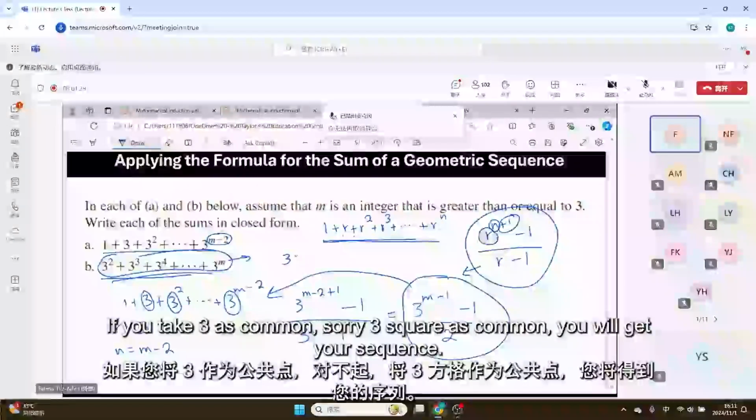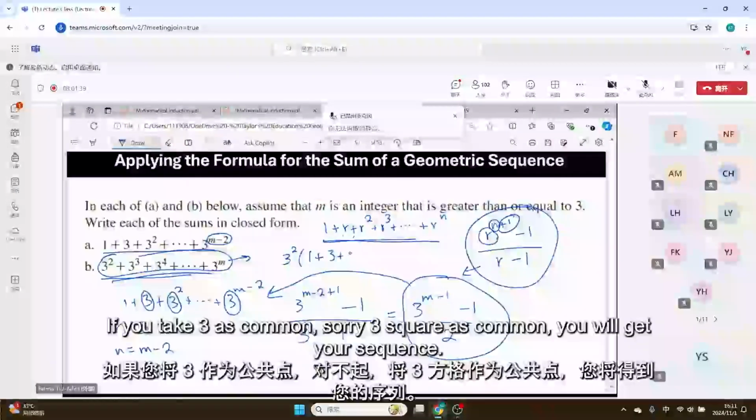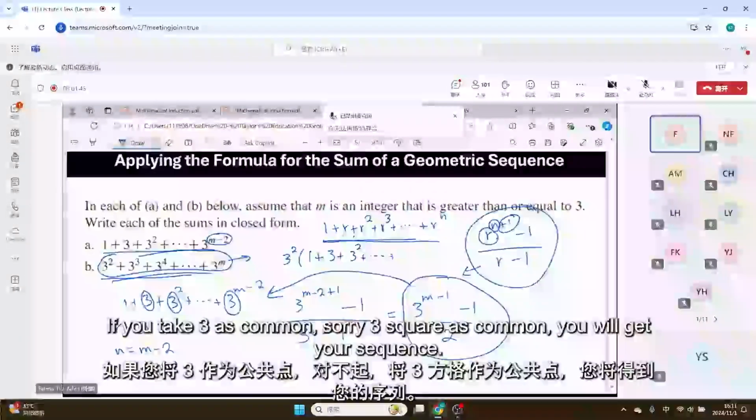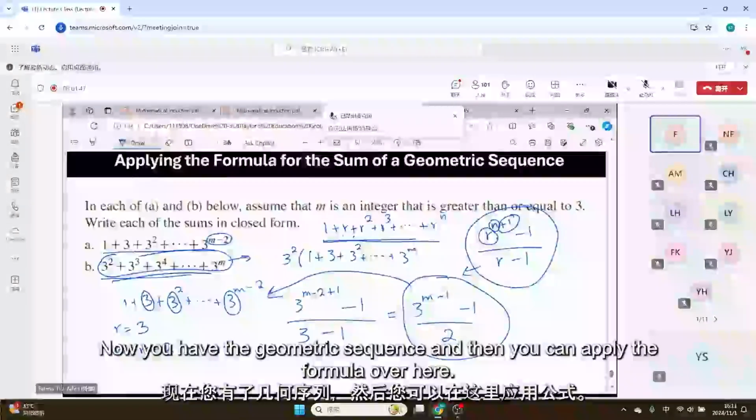If you take 3 squared as common, you will get your sequence. Okay. Now you have the geometric sequence, and then you can apply the formula over here.